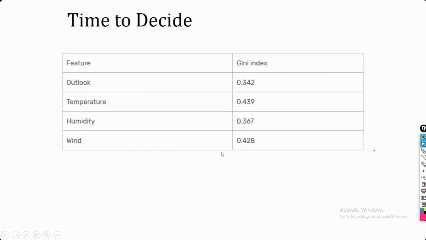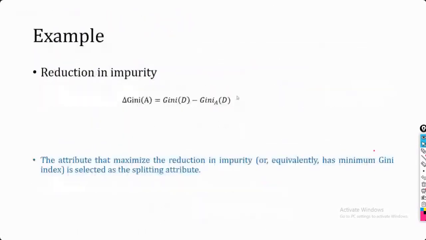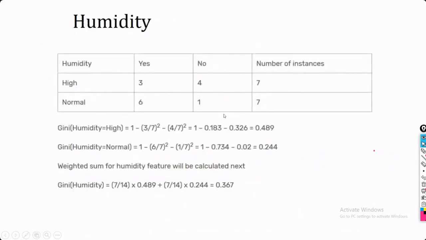So now we have calculated these values. As this part represents the impurity, in order to get the maximum gain, this part should be the minimum one. So next we are going to select the minimum.